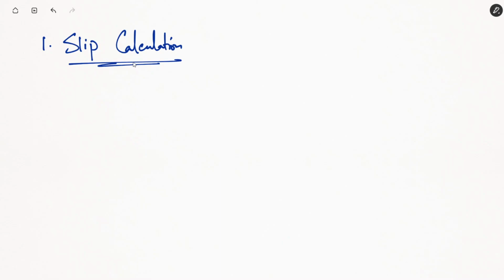The first two methods that we have described here, the slip calculation and the direct synthesis, are purely mathematical in nature.